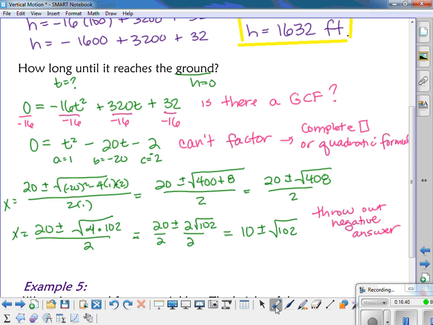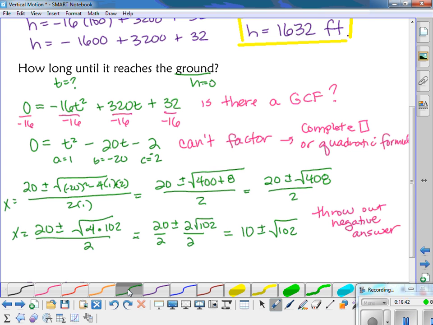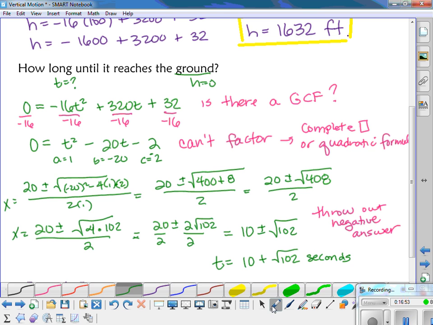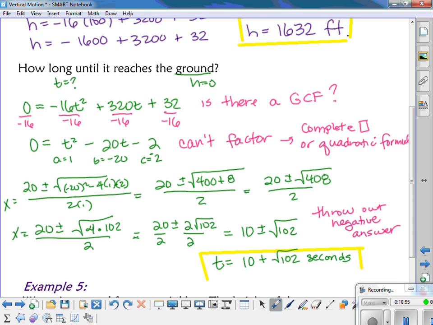And so my answer is actually just 10 plus the square root of 102 seconds. Okay. Any questions?